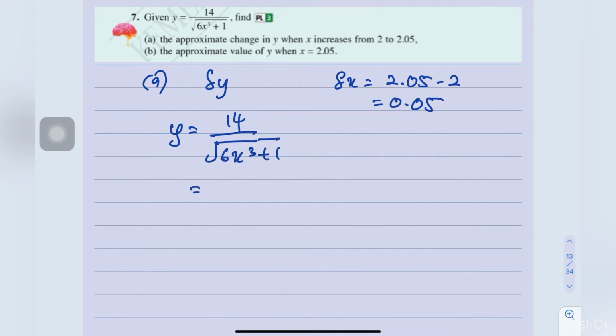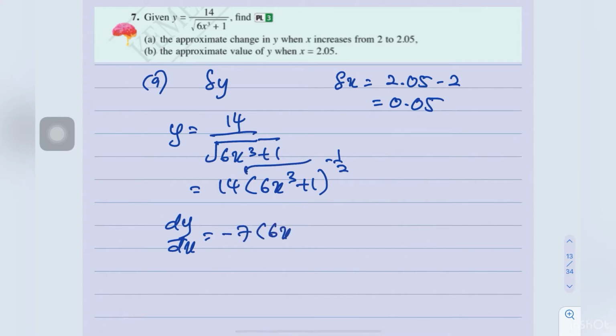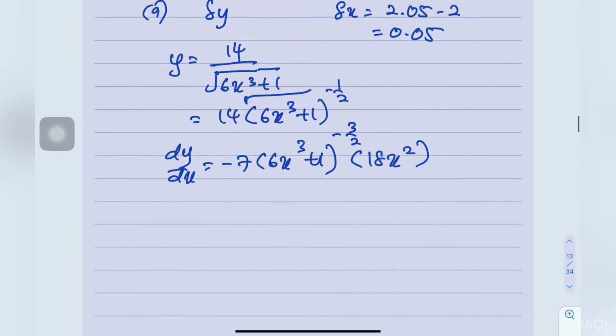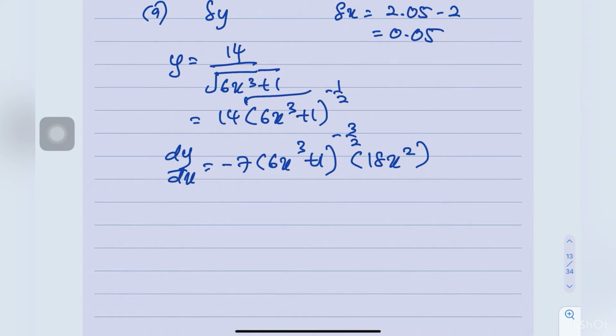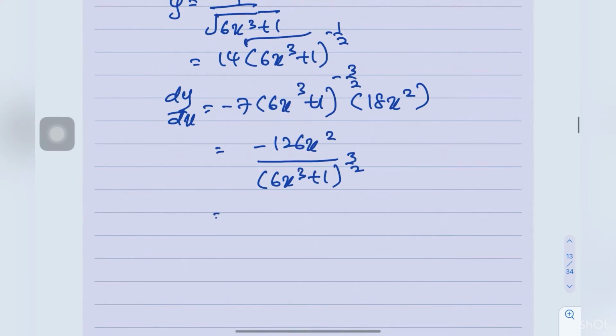We simplify: 14 times (6x cubed plus 1) to the power of negative 1/2. So dy/dx is negative 7 times (6x cubed plus 1) to the power of negative 1/2 minus 1, so negative 3/2, times 18x squared. 7 times 18 is negative 126x squared over (6x cubed plus 1) to the power of 3/2, or negative 126x squared over the square root of 6x cubed plus 1, cubed.